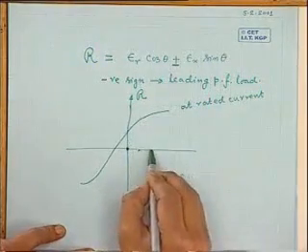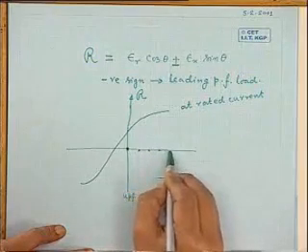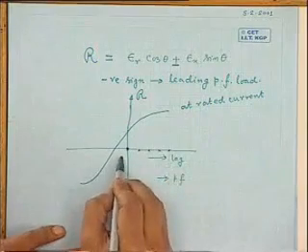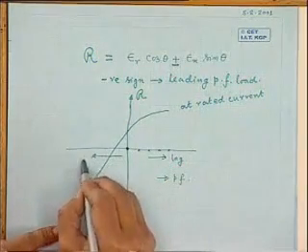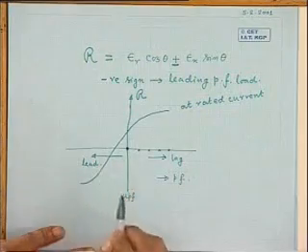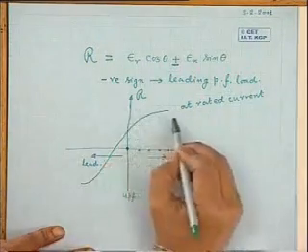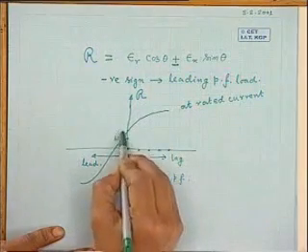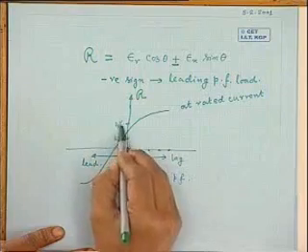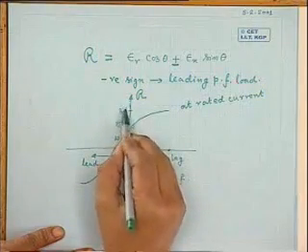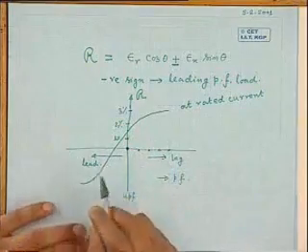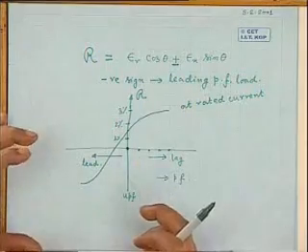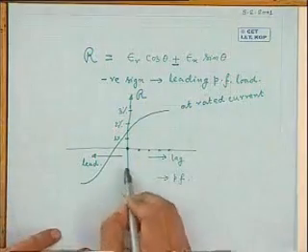So there will be some positive regulation, and this side will be lagging power factor, and this side will be leading power factor. And as I told you, for well-designed transformers, this regulation axis will be about 1%, 2%, plus 3%, like this. One should not expect a regulation of say 30%, 80%, like that.